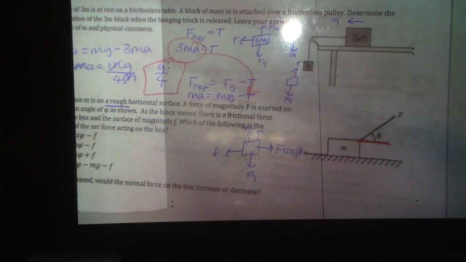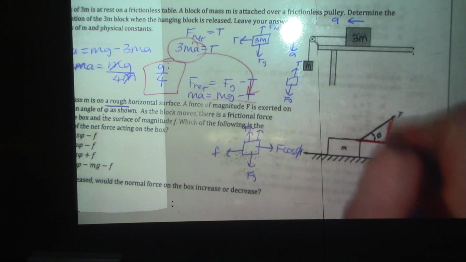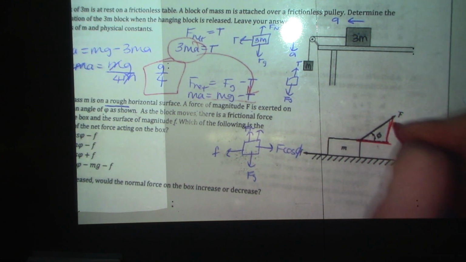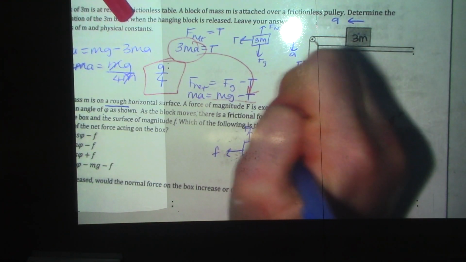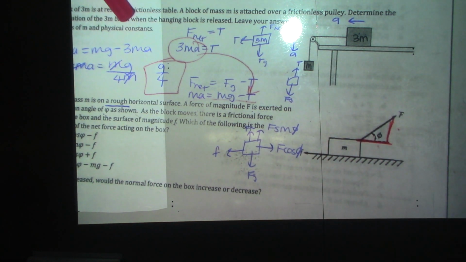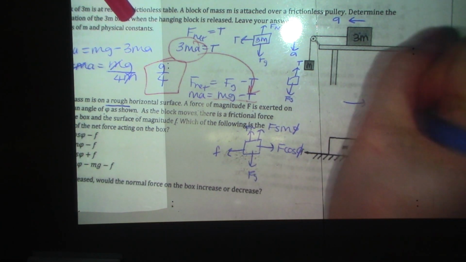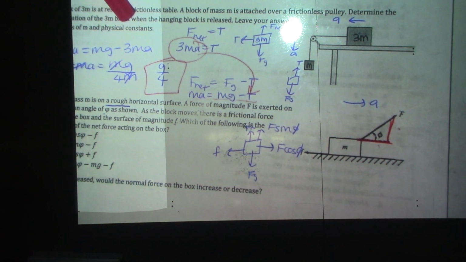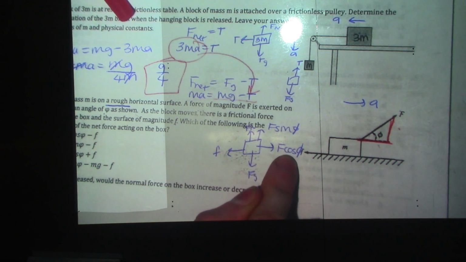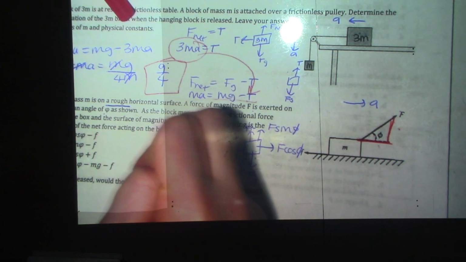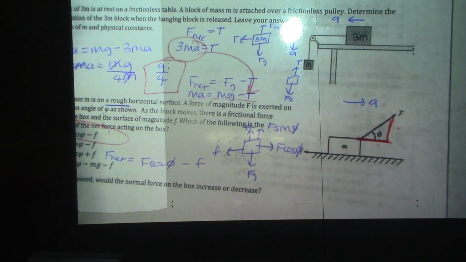And then the up part of it would be the y part, or the opposite, or the sine, so that would be F sine. I want to know the net force. It's going to be accelerating this way, so my net force would be F cosine minus f, because they're in separate directions, so then my answer is just A.